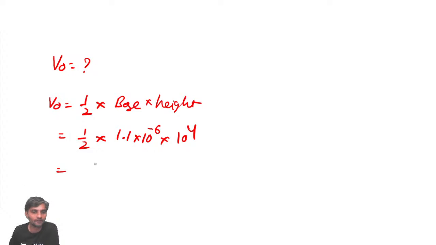Calculate this. 1.1 into 10 to the power of minus 2 by 2 will be 0.5 into 10 to the power of minus 2.